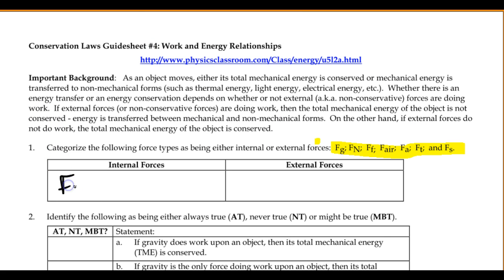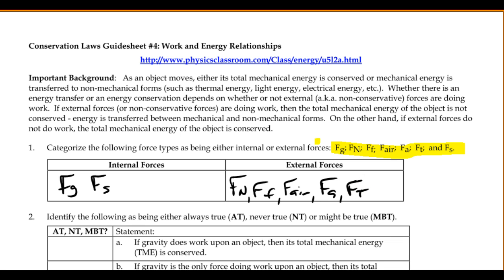The force of gravity is based on mass, that's a property of matter, and the force of a spring is within the stretchiness, the nature of the spring itself, so that's internal. All the other forces come from outside the object, and therefore we classify them as external forces. So our normal force, our friction force, our air resistance force, applied forces, and tension forces would all be external forces.